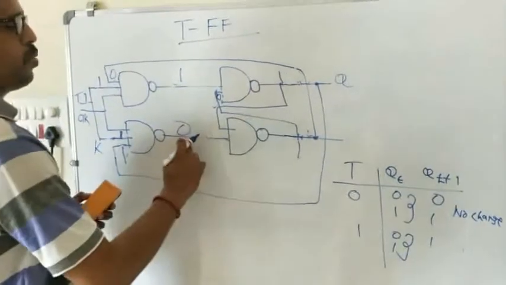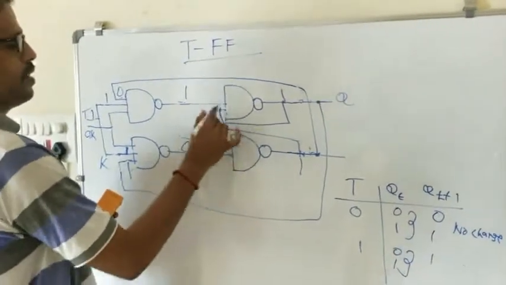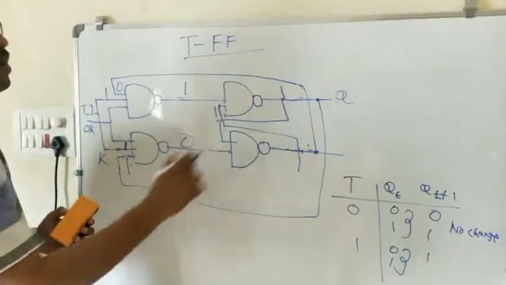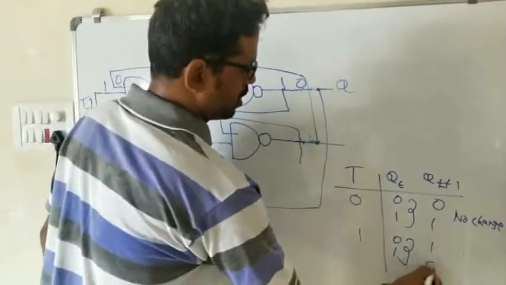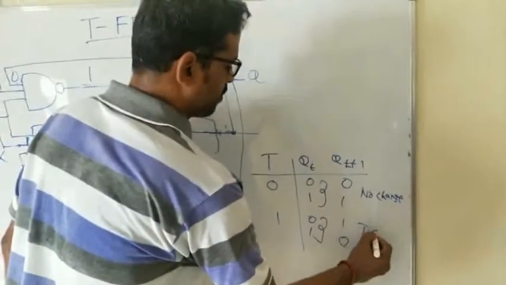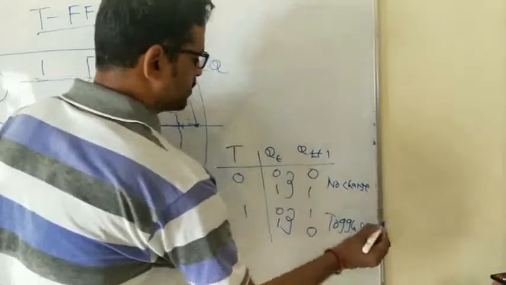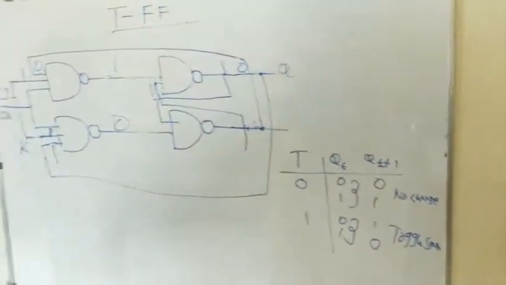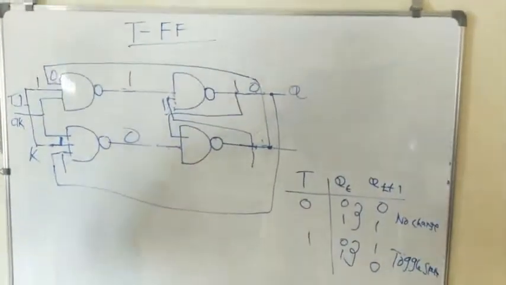So 1, 0, what will happen? 1 will come. If this 1 goes here, what will happen? 0 will be getting. So when present state is 1, the next state is 0. So this is called a toggle state. This is called a T flip-flop, or otherwise known as toggle flip-flop.